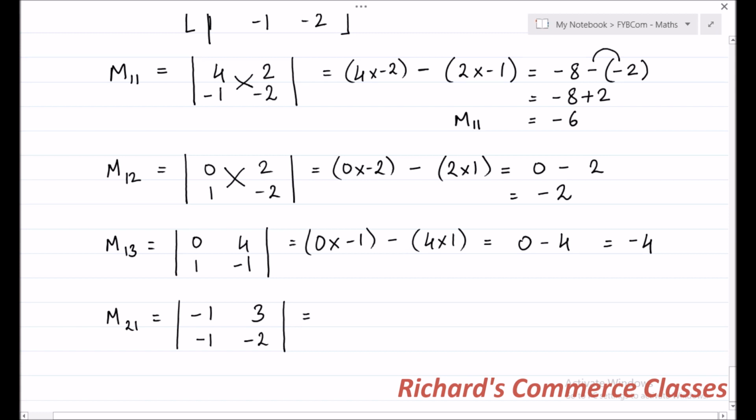That is equal to minus 1 into minus 2 minus 3 into minus 1. That is equal to minus 1 into minus 2 will be plus 2, minus 3 into minus 1 is minus 3, which is equal to 2 plus 3, and the answer is 5.